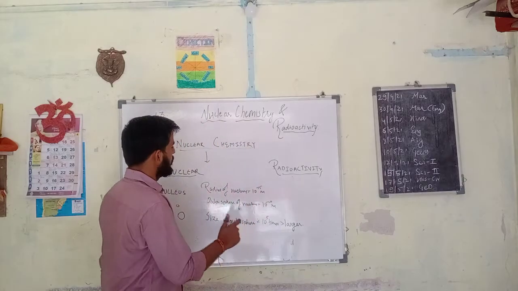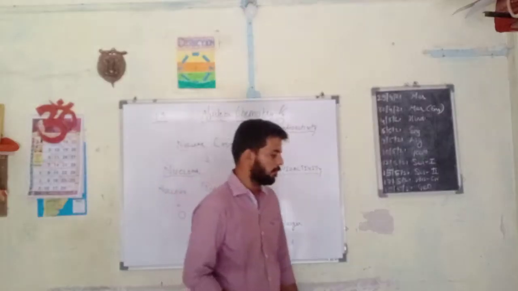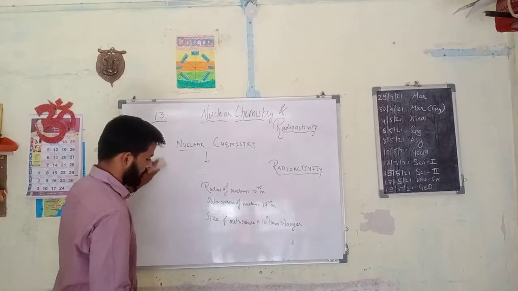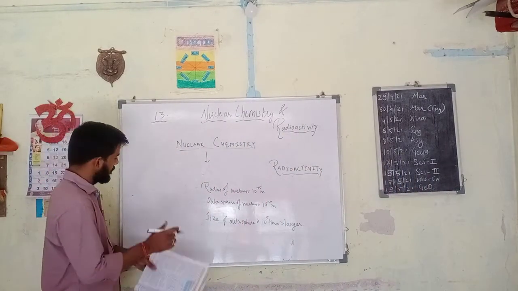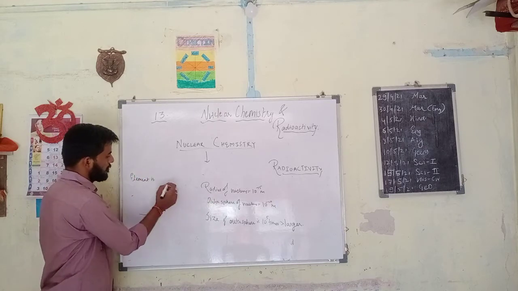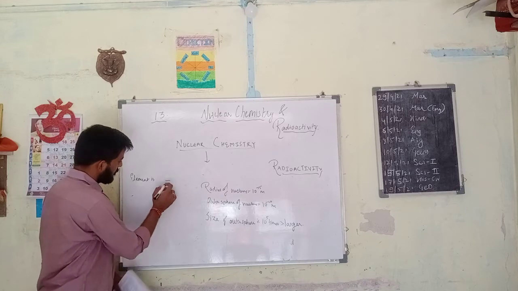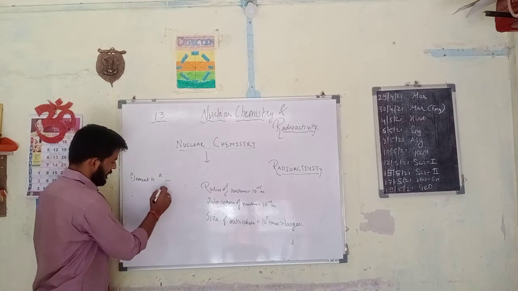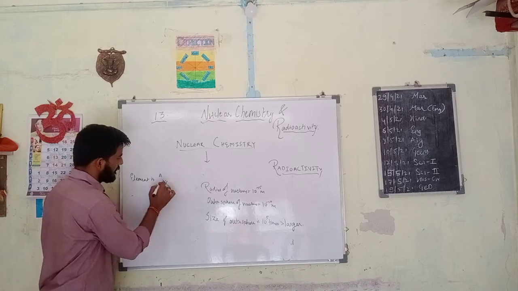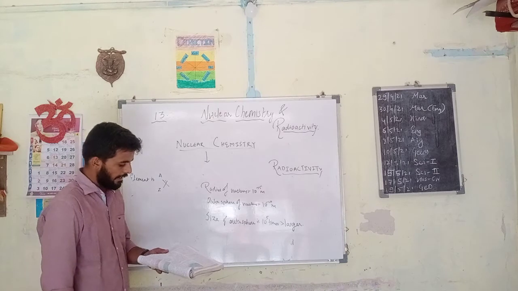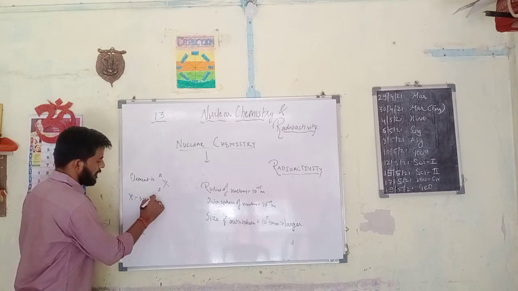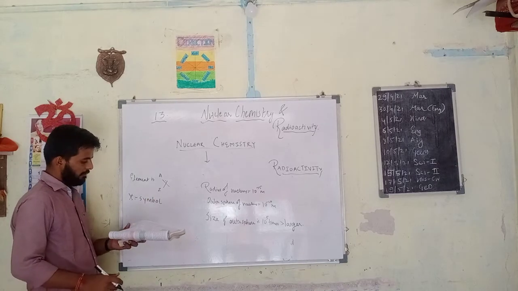Now, if we go on to our atomic numbers, we'll get to know about the nucleus. Whenever we denote an element, it is denoted by A, Z, and X, where X is our element symbol. You all have studied this. X is a symbol.